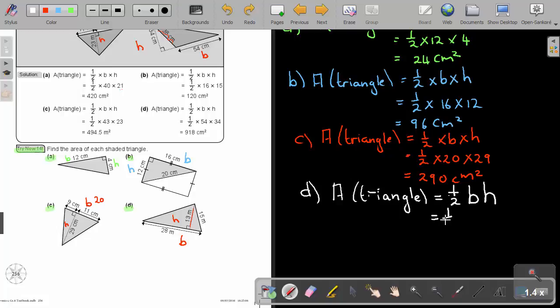So it's half times, and the base will be 28, and the height will be 13. And if I multiply that, I will get 182 centimeter square. And that's my final answer.